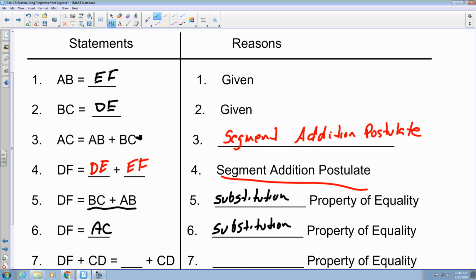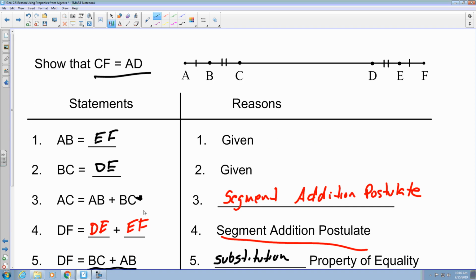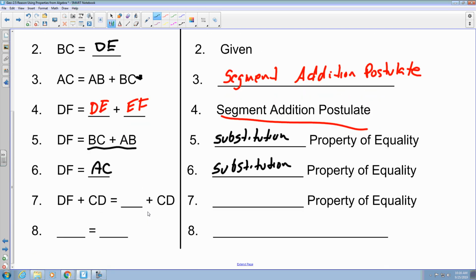So now we have DF is equal to AC. If I found DF is right here and AC is equal to that here, that does make sense. And it's those properties that allow us to make that conclusion. So now here it says that DF plus DC is going to be equal to AC, which is what we have up here, plus CD.